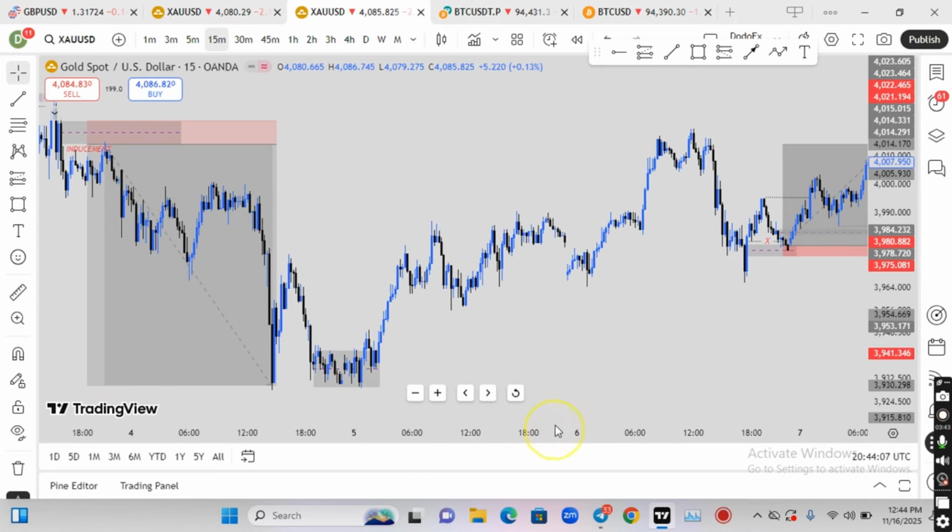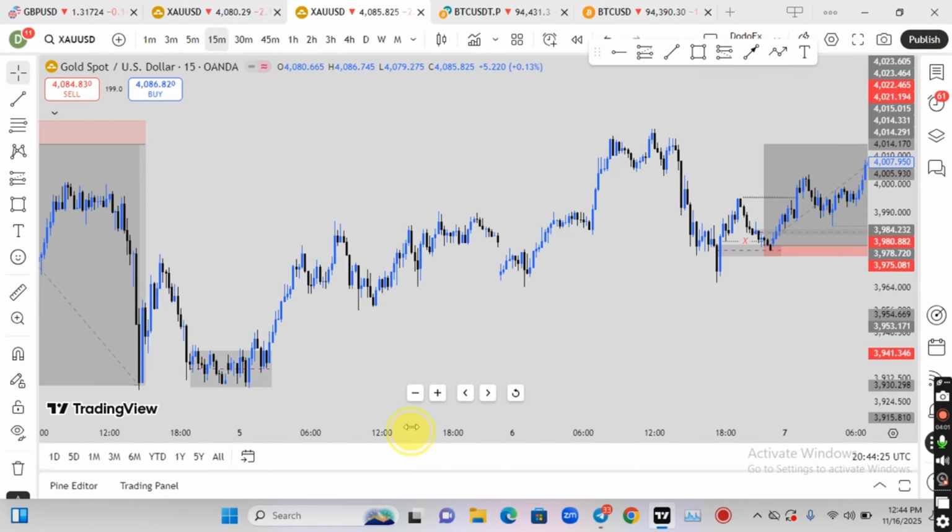What do you notice? It has been respecting this resistance zone back to the support zone, back to resistance zone, back to support zone, back to resistance zone, back to support zone, right? Then finally it breaks from this zone here, this is where price broke.